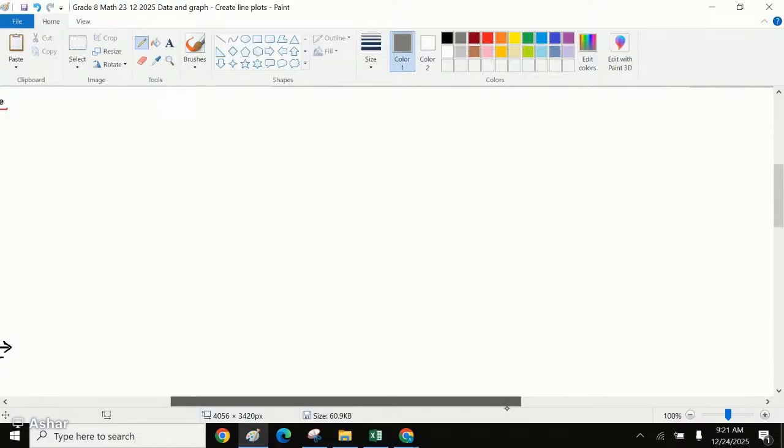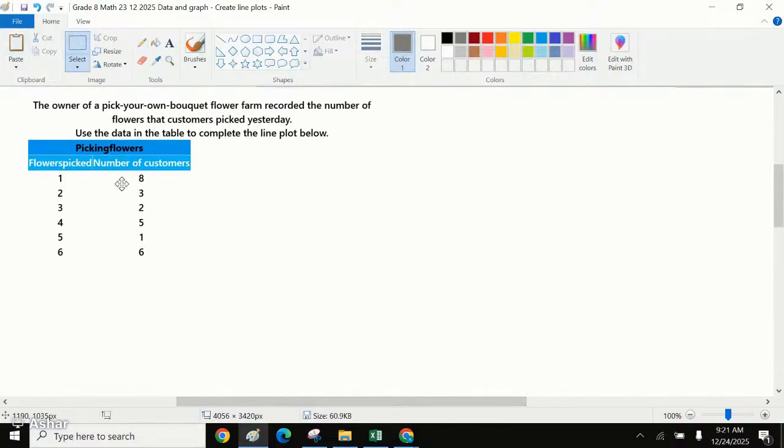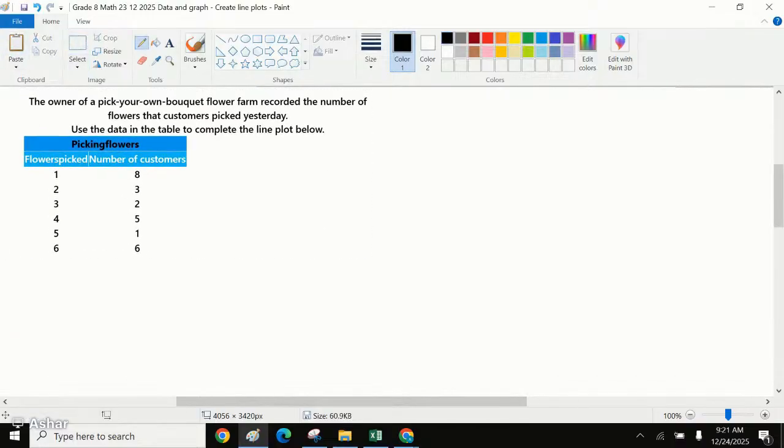And question number 5 says the owner of a pick-your-own bouquet flower farm recorded the number of flowers that customers picked yesterday. So this says flowers picked and this says number of customers. So 8 customers picked 1 flower, 3 customers picked 2 flowers, and so on, right?